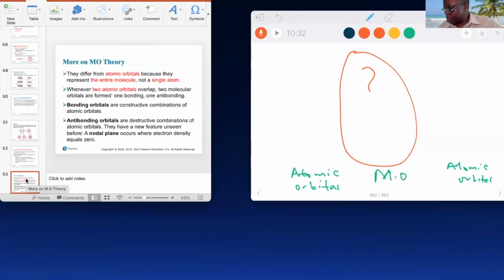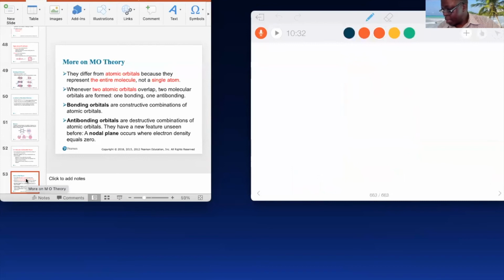Let me show you that in summary. This is the atomic orbital, 1s, and then 2s, and then 2p. So if I have 1, 2, 3, we have one right there, one right there, one right there.